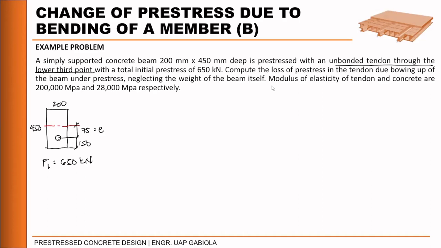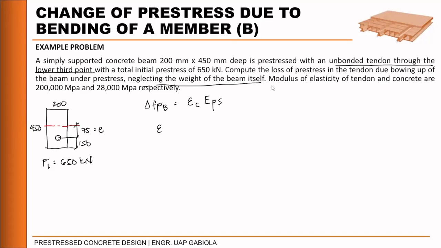Okay? And then we have an initial pre-stress given equal to 650 kilonewtons. Neglecting the weight of the beam. Our loss due to bending is equal to the strain in concrete times our modulus of elasticity of the pre-stressing strand. Okay?